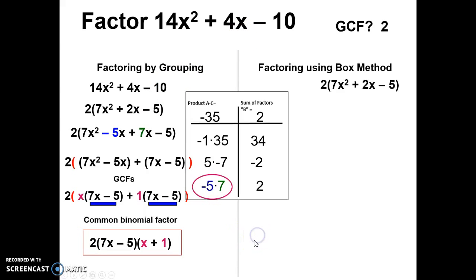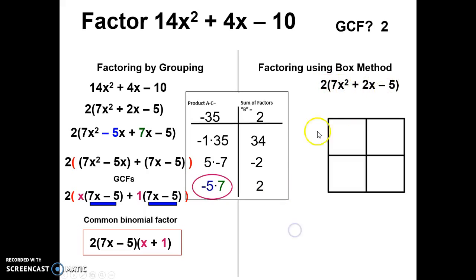Okay? If we use the box method, still you're going to factor out your GCF, and what goes inside the box is your 7x squared here, your minus 5 here. These two boxes are going to be negative 5x and the positive 7x. GCF in the top row, GCF in the bottom row. Because the adjacent box is negative, this term's negative.